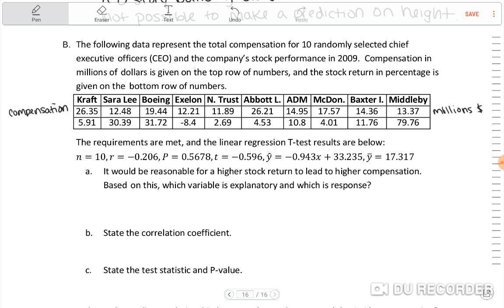Okay, and then the bottom row, the stock return in percentage, right? Stock return percentage. Okay. It says the requirements are met and the linear regression t-test results are below.